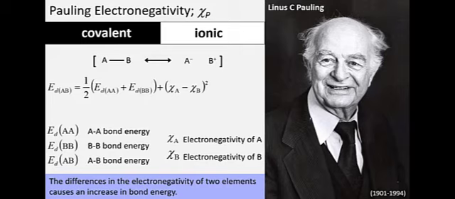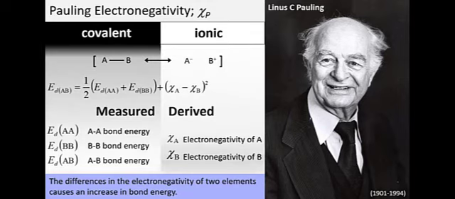He reasoned that the heteroatom bond strength could be thought of as a covalent contribution, which, he says, is the average of the two relevant homonuclear bond strengths. And then there is an electrostatic ionic contribution, which becomes greater the greater the difference in the heteroatom electronegativities.